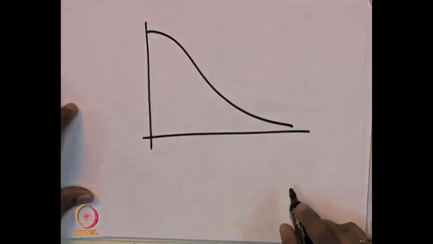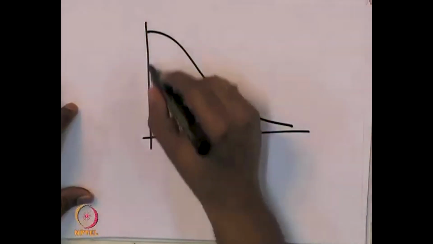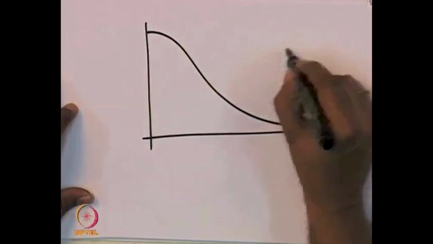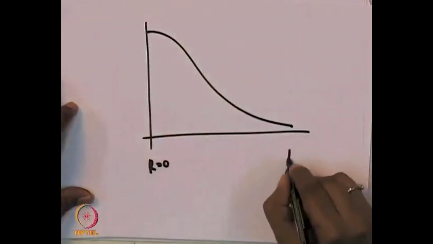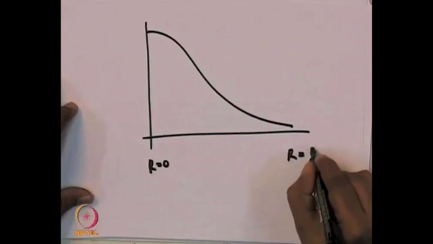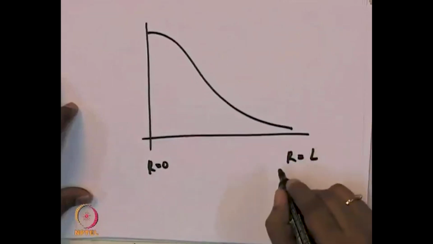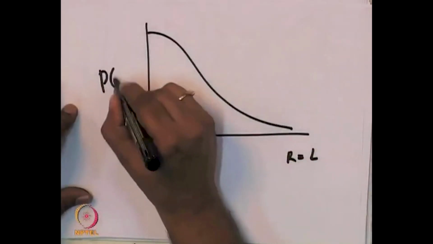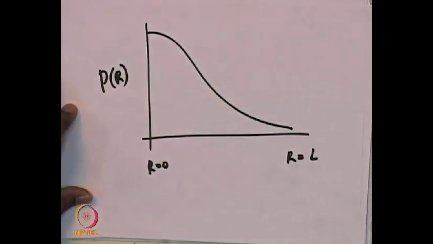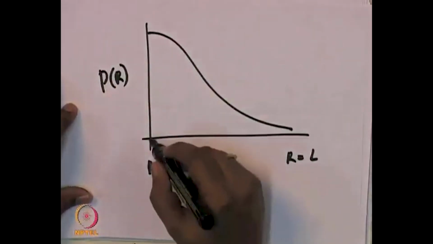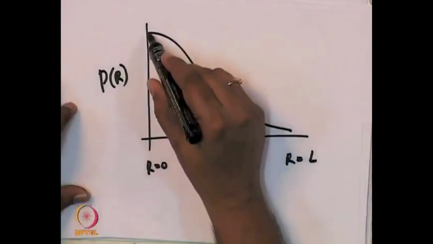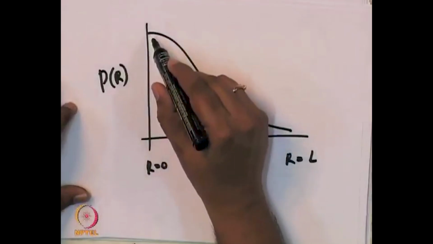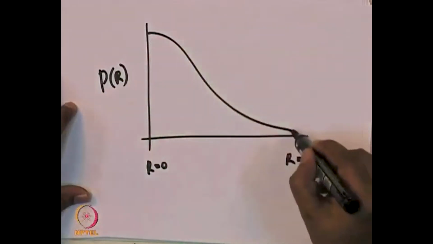It might look something like this, where there can be many of them where the two ends are very close. So, this is r equal to 0 and this is r equal to L, and this is P of r. Many of the DNA can have this height which is very large, and very few of them have a large end-to-end distance.